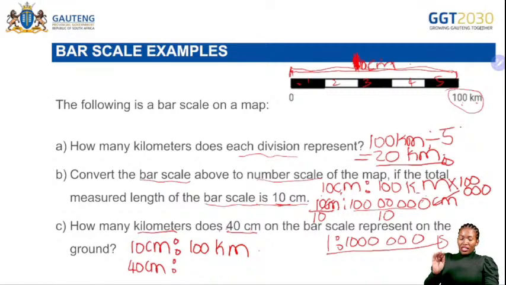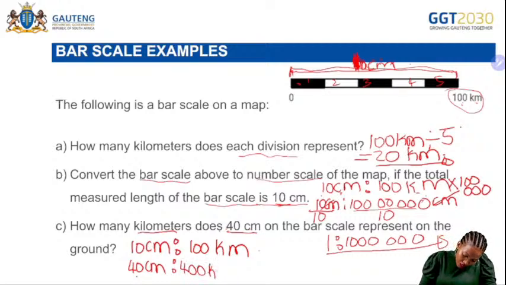Remember, in 40, how many tens do you have? You have 4 tens. It's 10, 20, 30, 40. So in 40 centimeters, how many hundreds do you have? You have 400. So 40 centimeters will therefore represent 400 kilometers. That's just it.